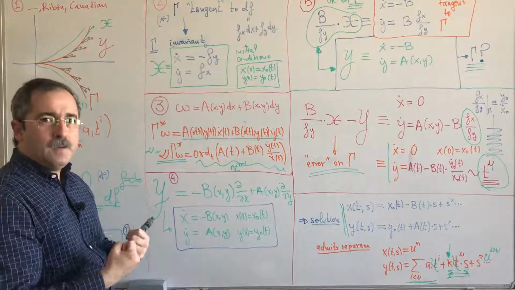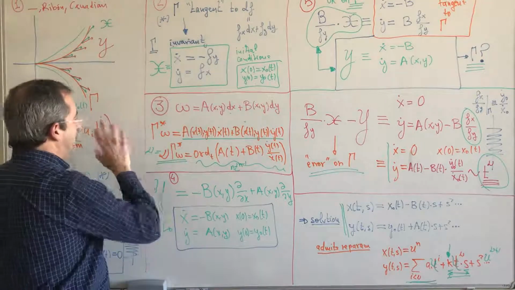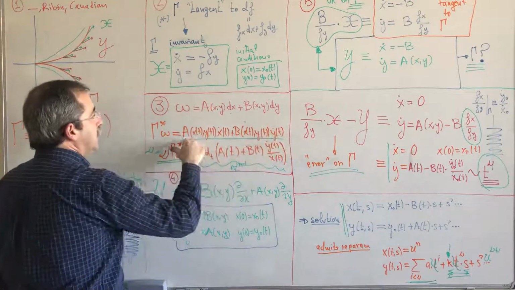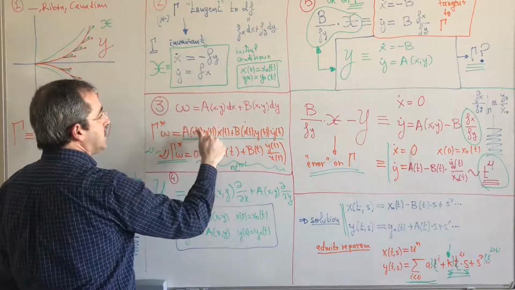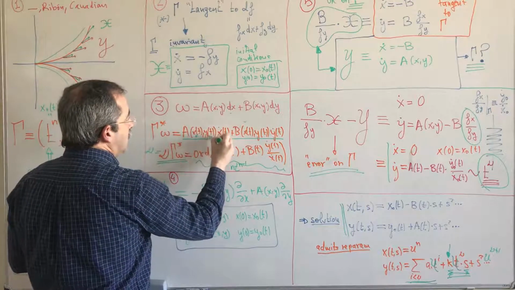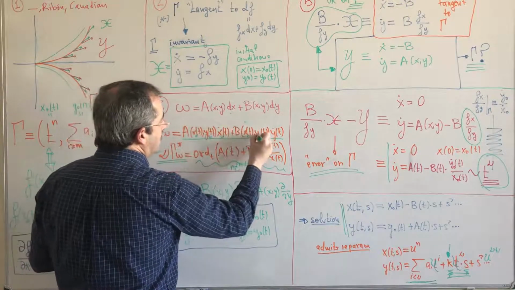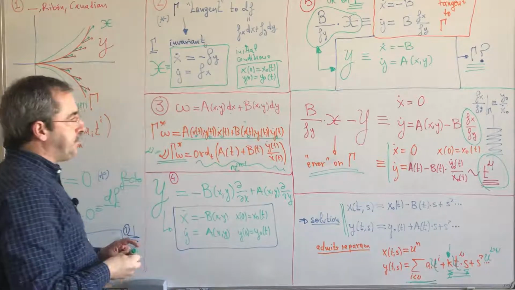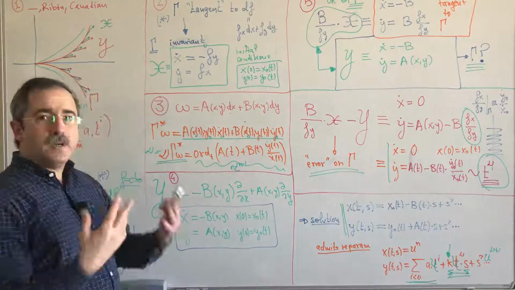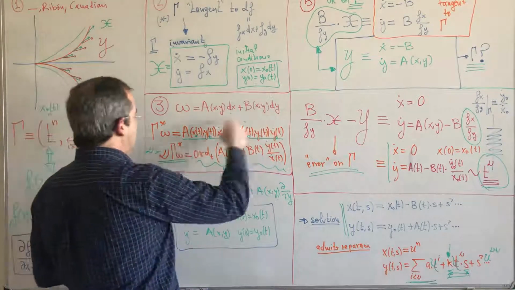Pull it back with gamma. So you get gamma star omega, which is just substituting x and y for x(t) and y(t), zeros. This gives a tangency order, but we are not interested in this order, but in this one.